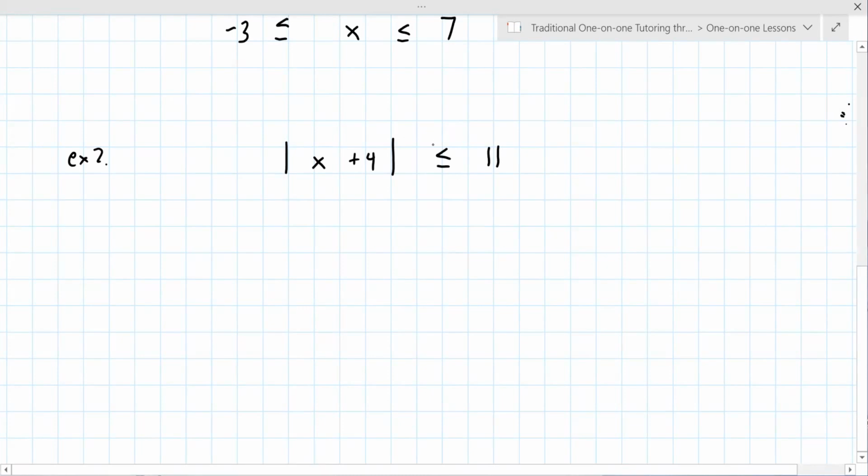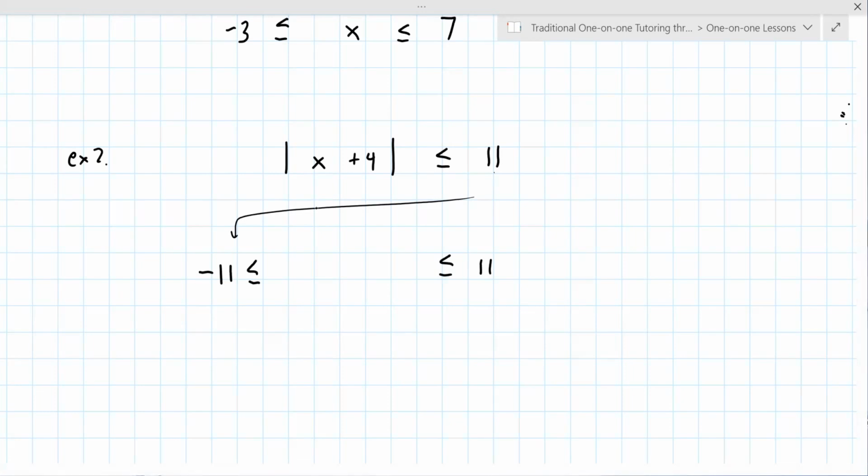Again, whenever it's less than or equal to, it's the same process as before. You bring the 11 down, you bring the less than or equal to down, and then you write over here -11 less than or equal to. See, I brought the 11 over here, but I negated it. And then you put the x plus 4 down here.